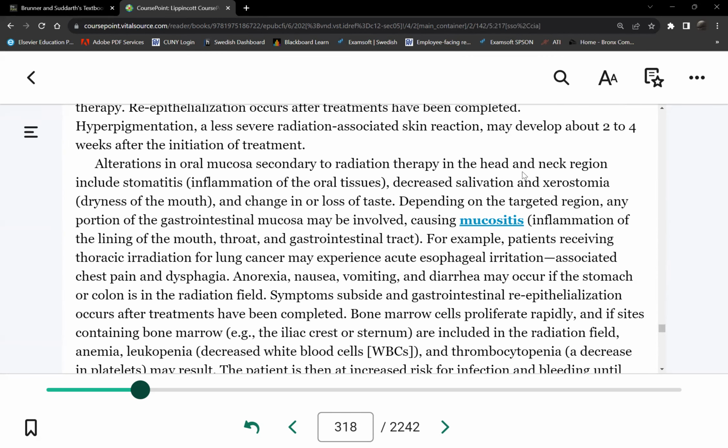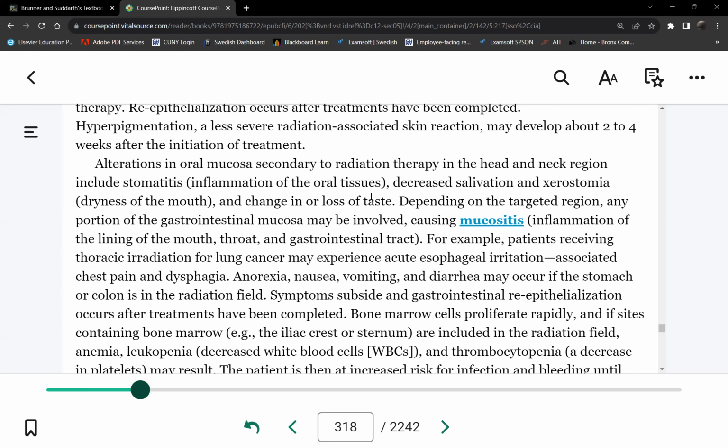Now, why is this important? Imagine you have these huge ulcers anywhere in your mouth and on your tongue as well. What will that prevent you from doing? Eating, drinking, and swallowing. Sometimes the ulcers can go from your throat all the way to your rectum, all along your GI tract.